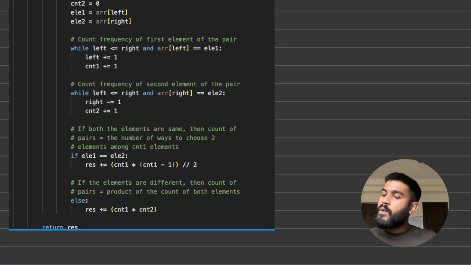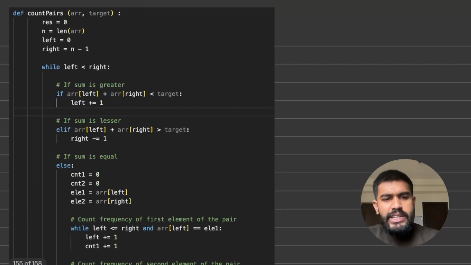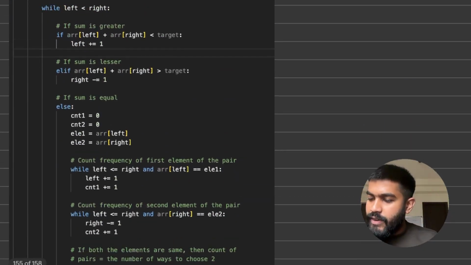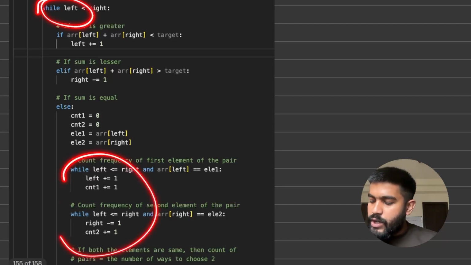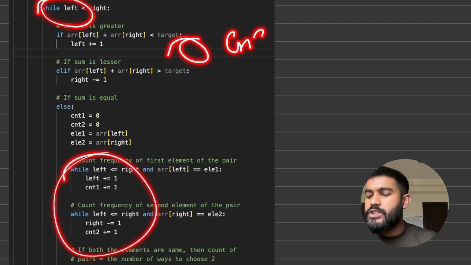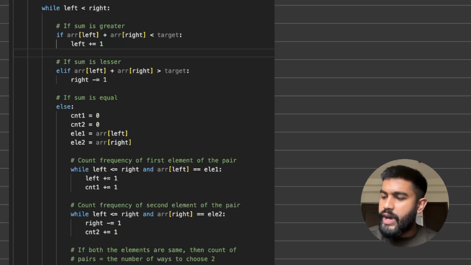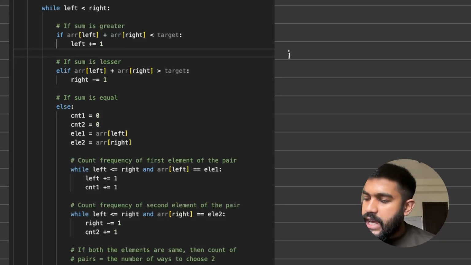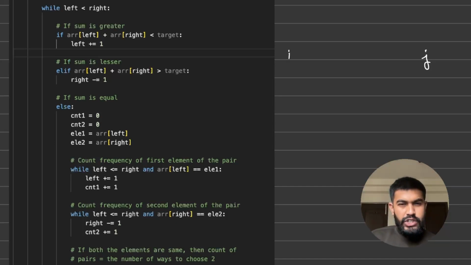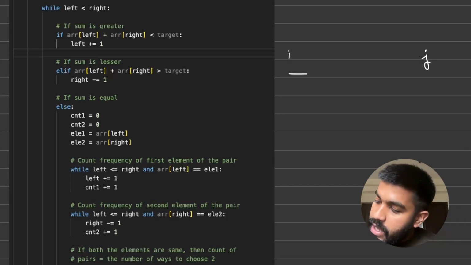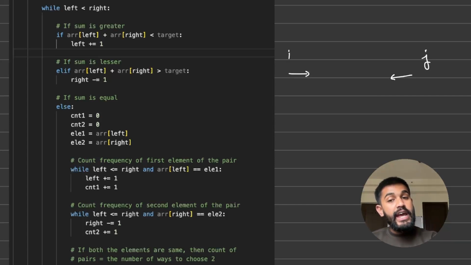What is the time complexity? This seems like inside a while loop we again have two while loops. So this seems like n square, but this is not true. Why? I would tell you the intuition behind it. So i and j, they are at the extremes, and when they are moving forward, they are never coming back.